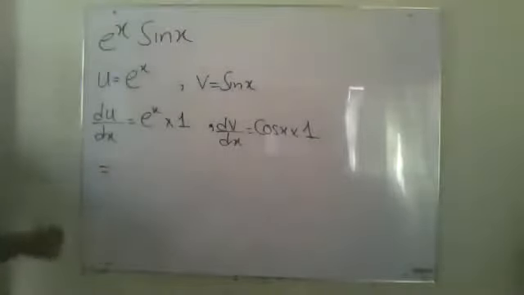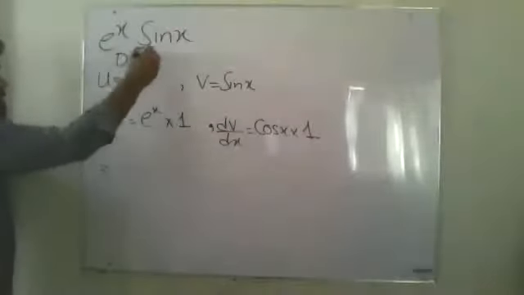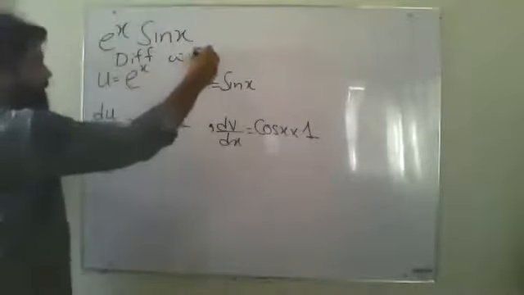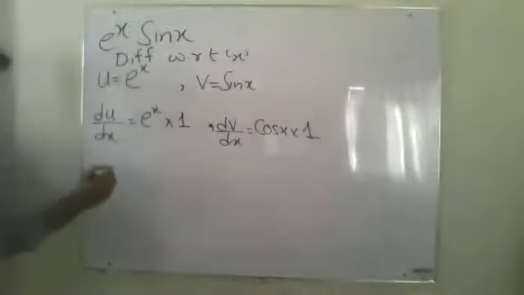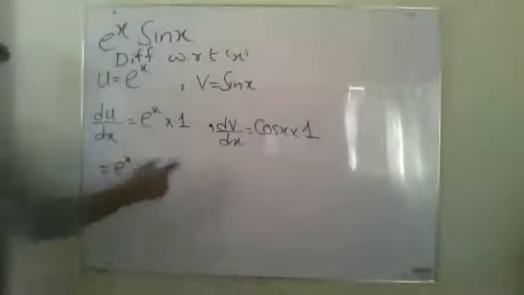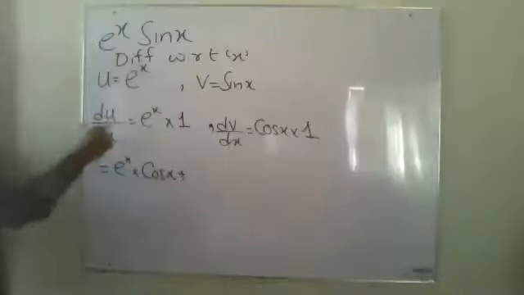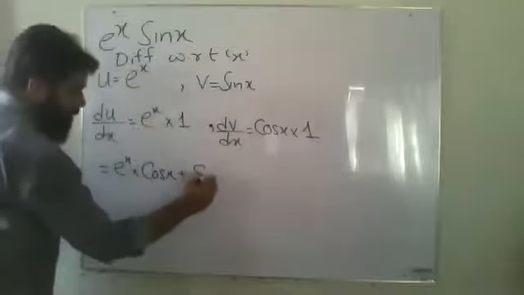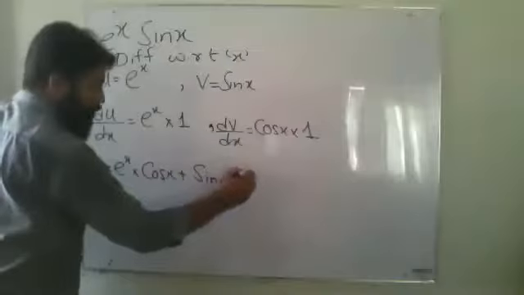Now applying my rule, when you differentiate with respect to x, in product form u, that is e^x, multiplied by v differential, that is cos x, plus v, that is sin x, multiplied by u differential, that is e to the power x.